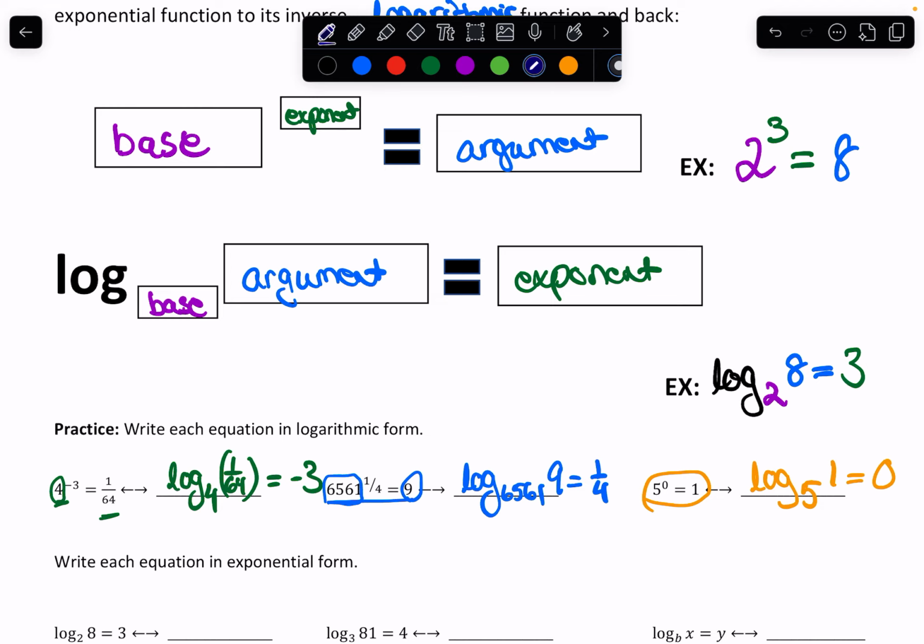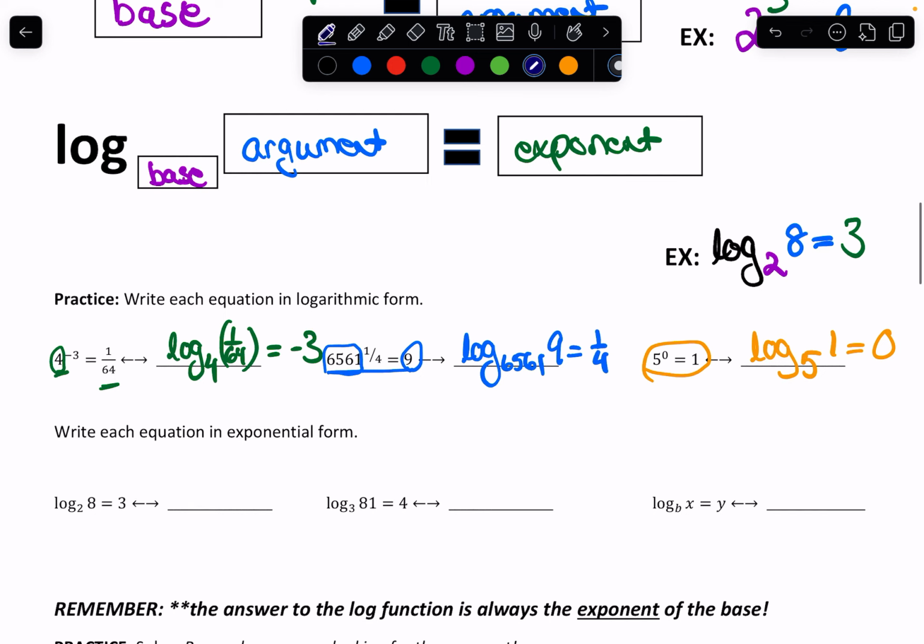Okay, now we're going to go backwards. So now we have the log, and we need to write it in an exponential form. Well, so this number right here is going to be the base. Here's our exponent, and our answer, the argument, is 8. Again, our base is 3, our exponent is 4, and that equals 81.